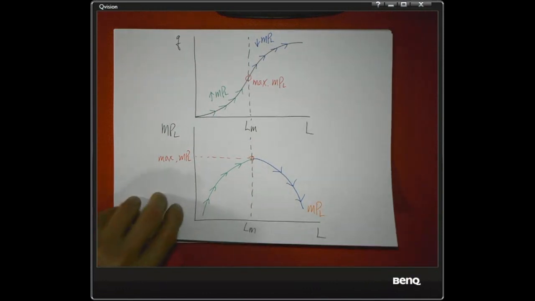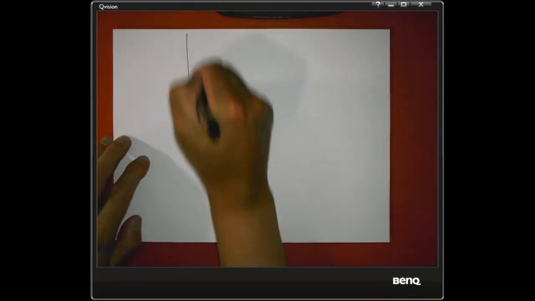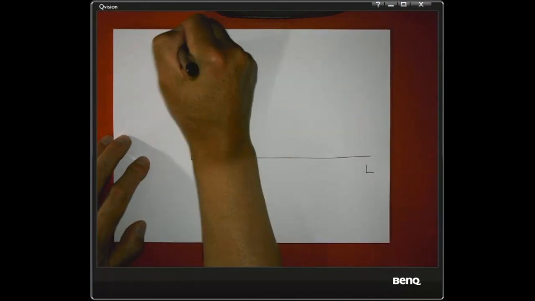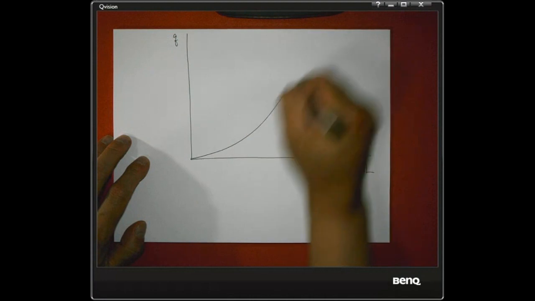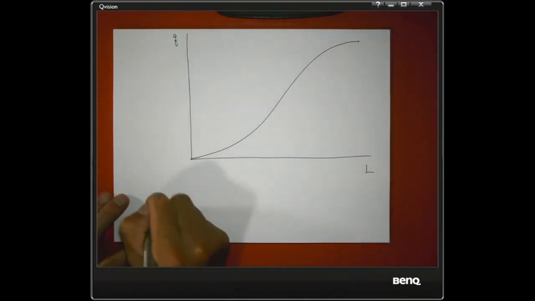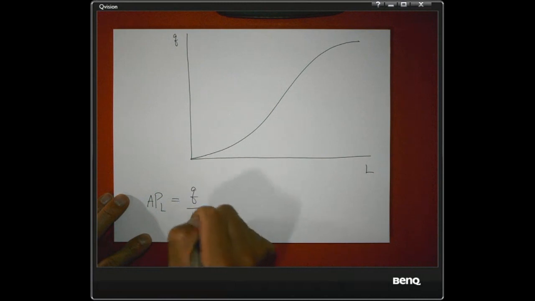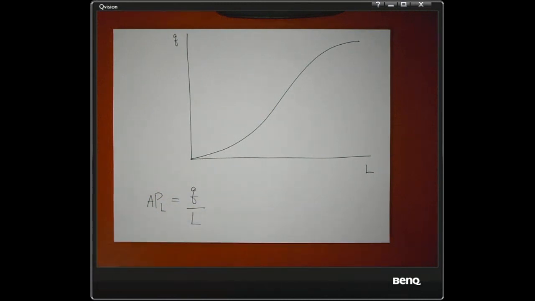Next, the average product of labor. So the average product of labor is output divided by labor input. And how can we derive this from the total product curve?